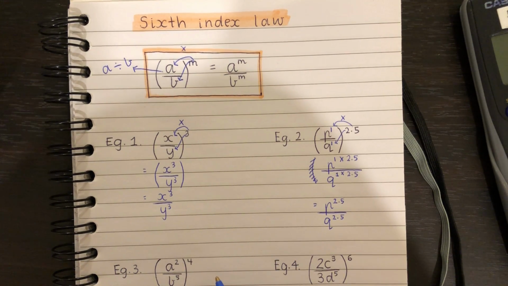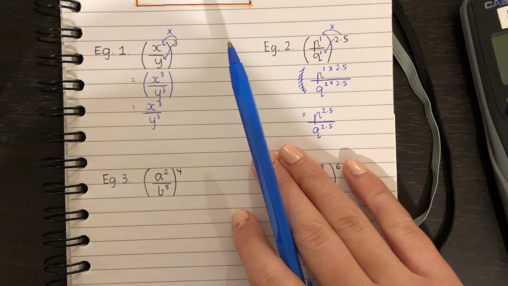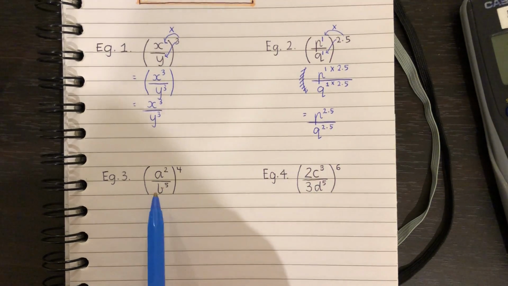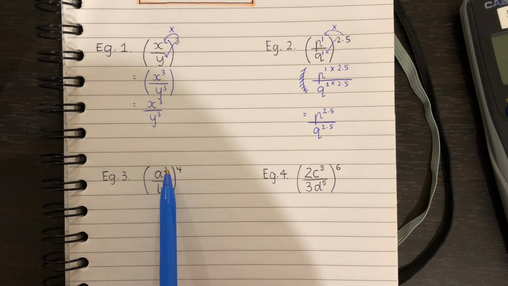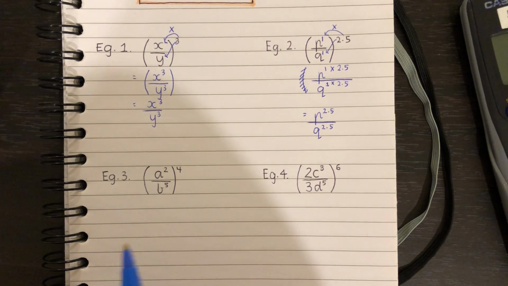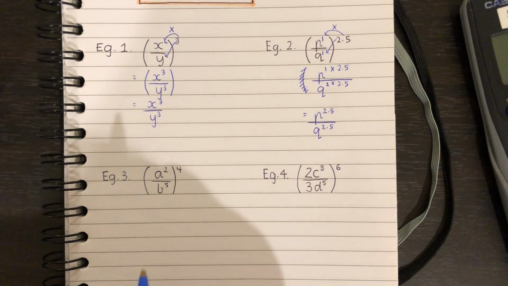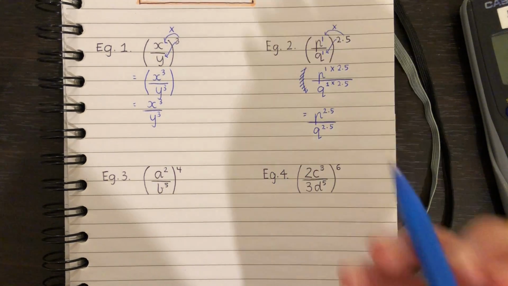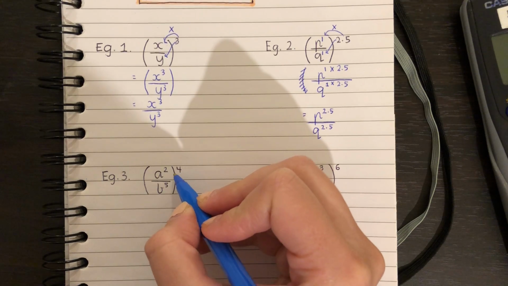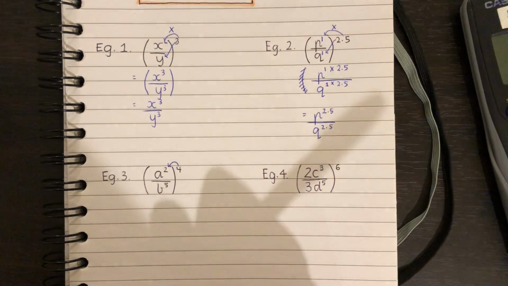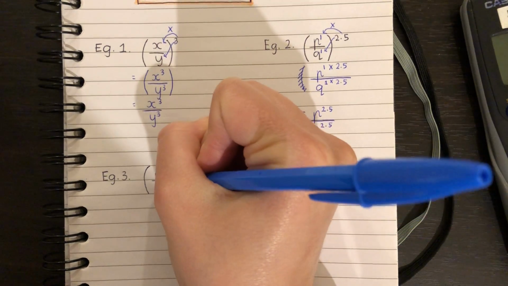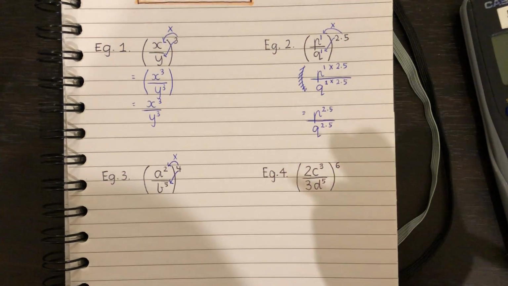Okay, so let's go on to the third question. This time it's a little bit different because there are already other numbers apart from imaginary 1s on top of each letter or variable. Okay, but it's the exact same thing. You're going to take this 4 that's to the power of everything inside the bracket and you're going to multiply it to the top and you're going to multiply it to the bottom.